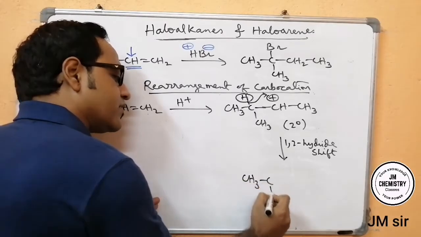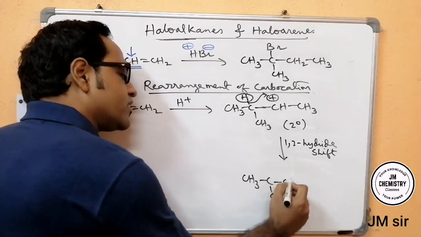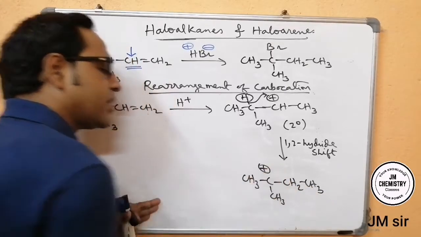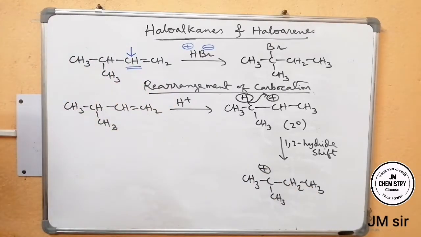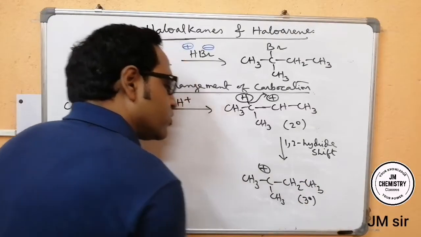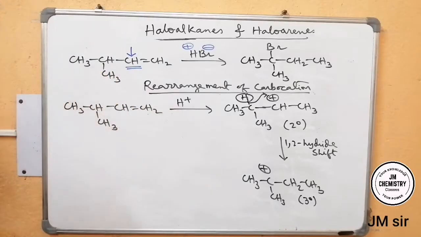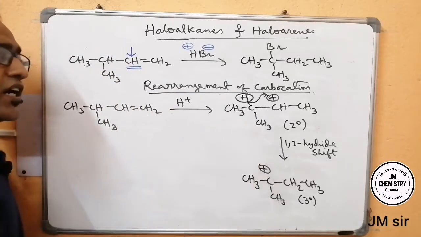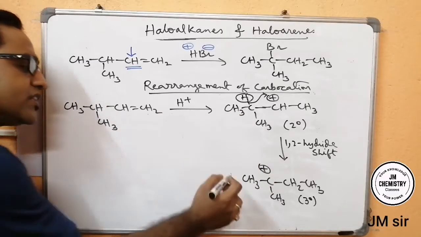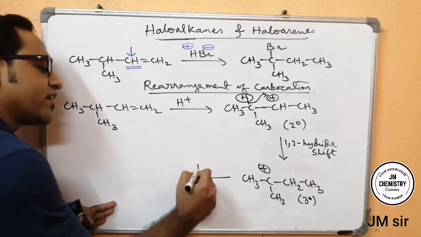Now the question is, why does the hydride shift take place? The hydride shift takes place only to have a more stable carbocation, otherwise it will not happen. We are getting a 3 degree carbocation from a 2 degree carbocation, and that's why the hydride shift takes place.